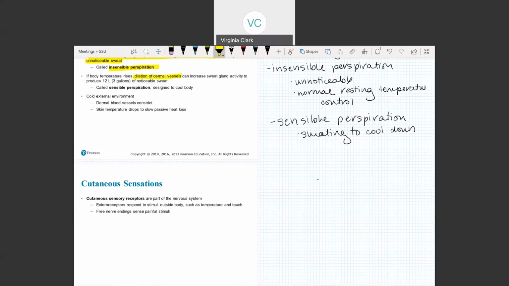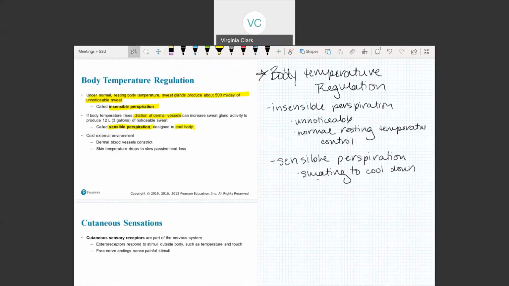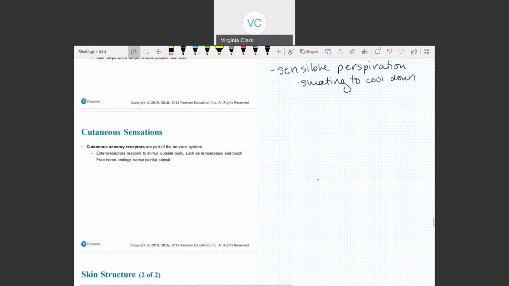You're going to have your body temperature rise because the heat has increased. Whatever the cause, you are essentially trying to cool the body down. This is sweating for that effect, called sensible perspiration. So there are actually two types of sweating in order to control our body temperature.